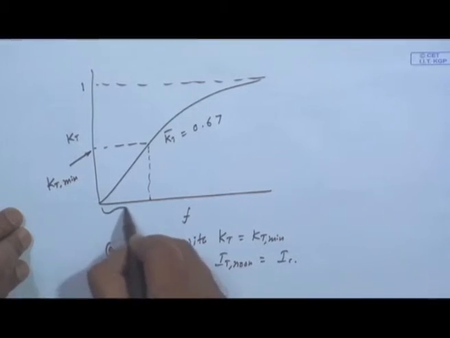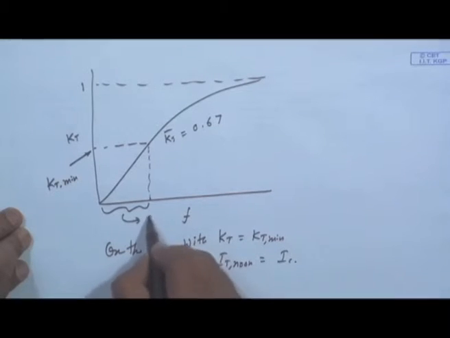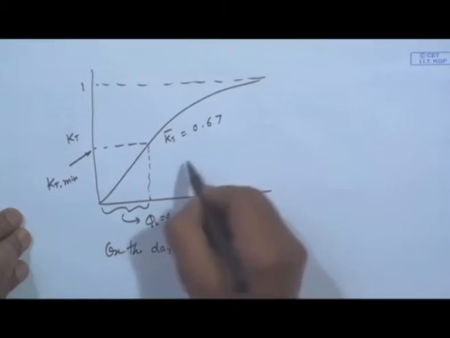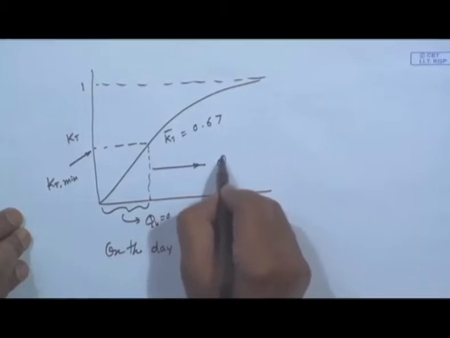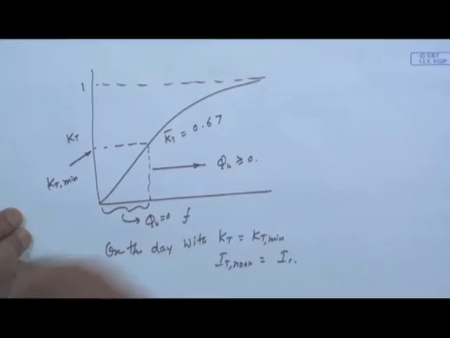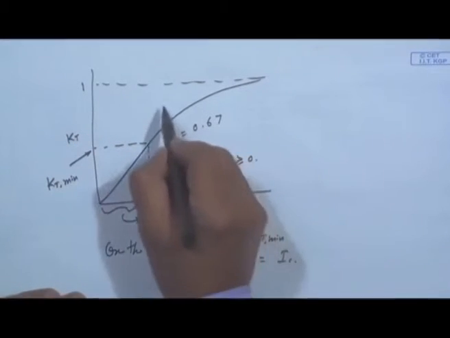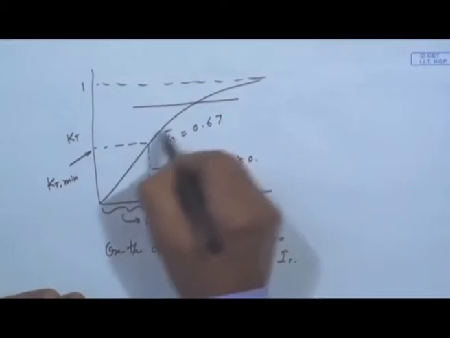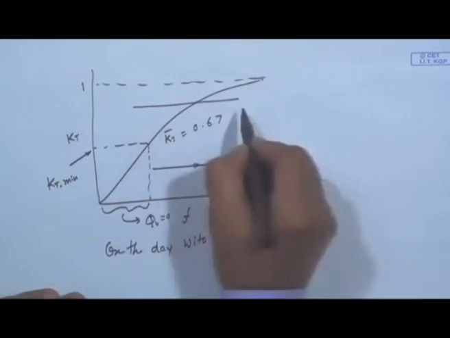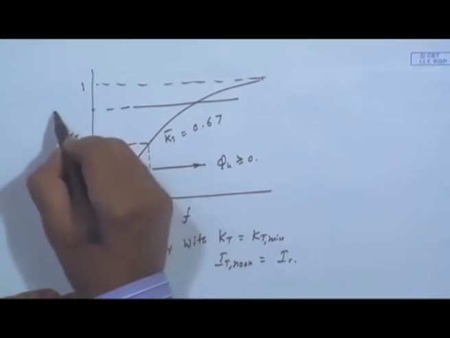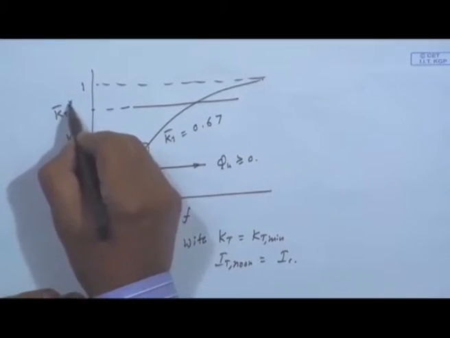So, on these days QU is equal to 0 and on these days QU is greater than or equal to 0. So, I will ignore these days and find the average of the clearness indices from here to here. This is my kT bar star.